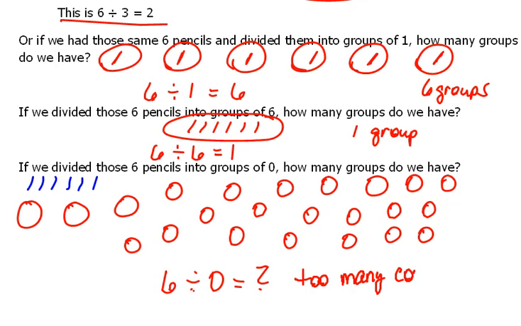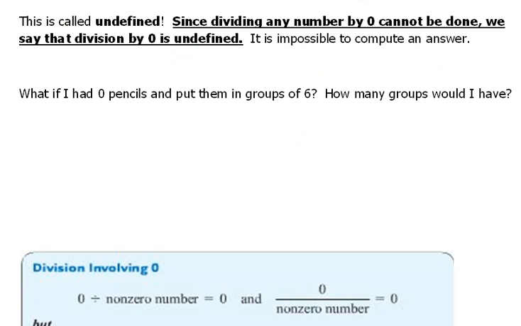We don't have any way of really discussing that because it's actually too many. This is called undefined. Very important concept. Since dividing any number by 0 cannot be done, and we've just seen why, we say that division by 0 is undefined. It is impossible to compute an answer. We just don't have the time to be able to discuss how many groups of 0 there would be.